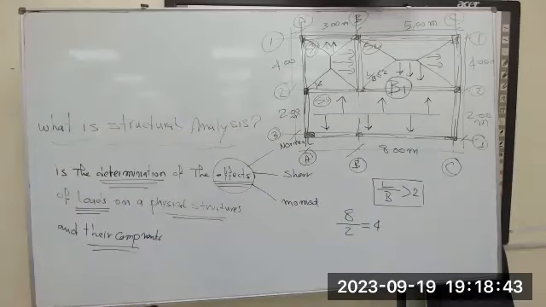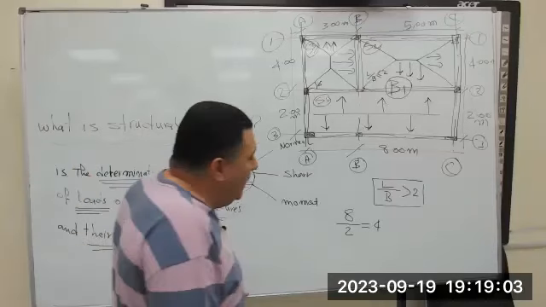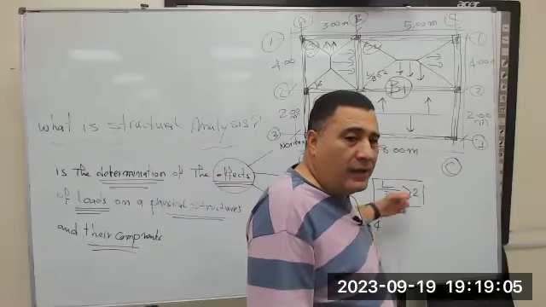For the two-way slabs, choose L over B more than 2, L over B equal to, L over B less than 2, and choose the criteria.